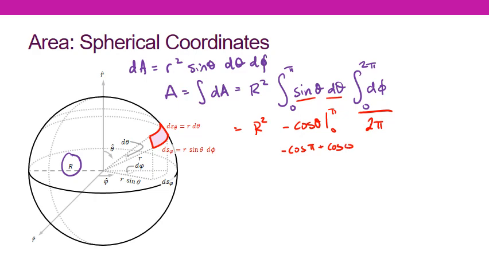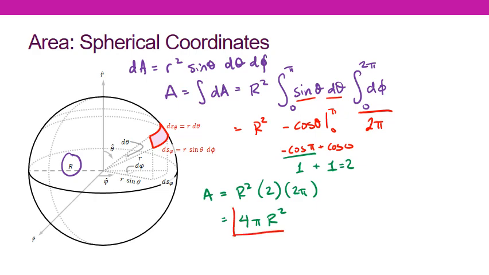The cosine of pi is -1, so this whole thing together is just 1. And the cosine of 0 is 1, so 1 plus 1, this is 2. Putting it all together, I get that the area of my sphere is just going to be r squared times 2 times 2 pi, or as you might see it more naturally, 4 pi times the radius squared. And that is then the surface area of a sphere.